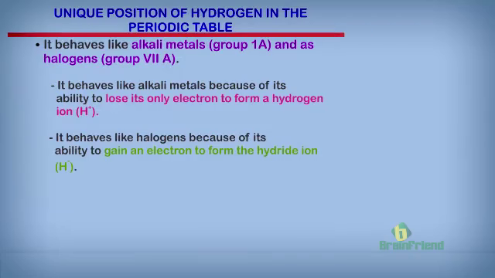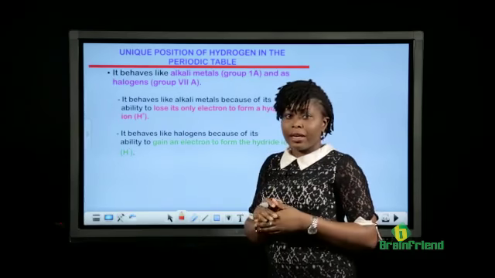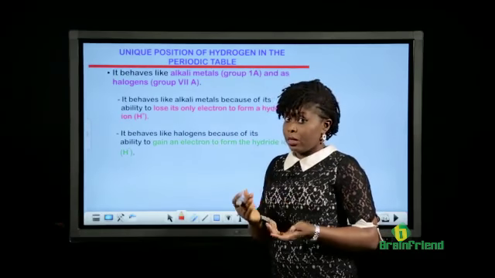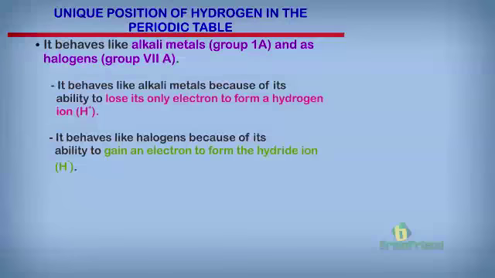Now, in behavior, hydrogen behaves like alkali metals, and it also behaves as halogens. How does this happen? Hydrogen behaves like alkali metals because of its ability to lose its only electron to form a hydrogen ion. Remember when we gave the instance with hydrogen chloride?